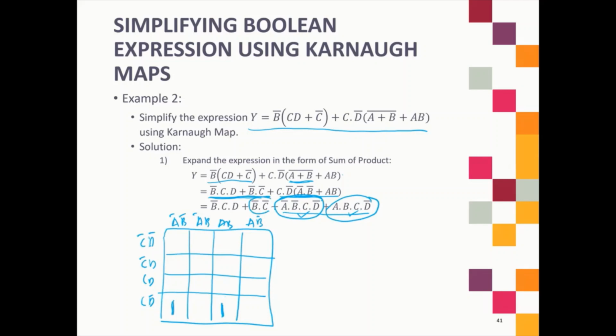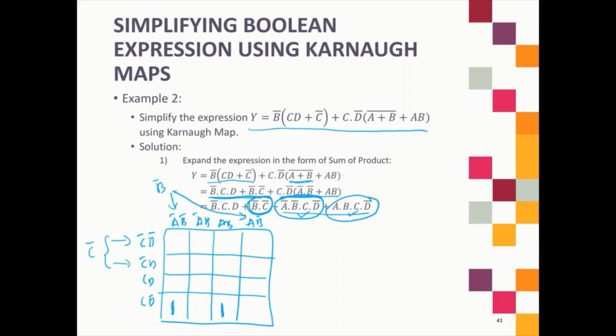Right, so this one, B bar and C bar. So you need to find all cells that will represent B bar and C bar. Okay, so which cells contain B bar and C bar? These two rows have C bar, and these two columns have B bar.